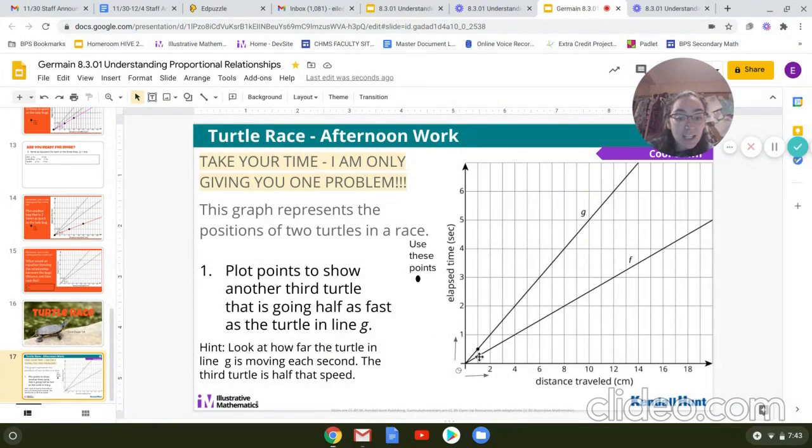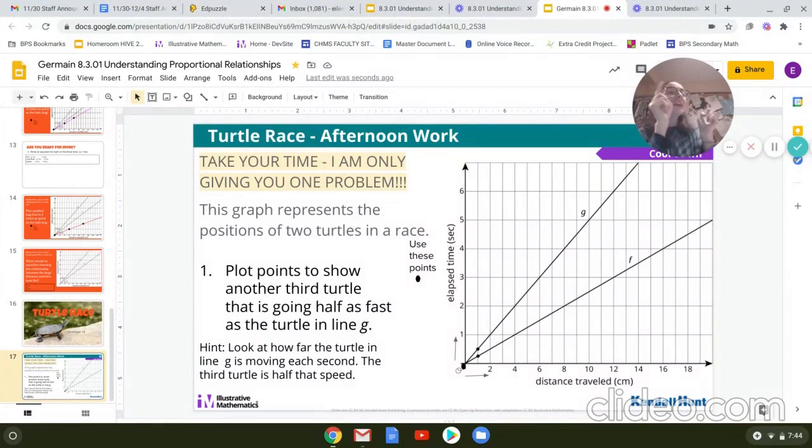So you're taking line G's, and he's moving 2 centimeters every 1 second. If the other guy is going half as far as him, what's half of that distance?